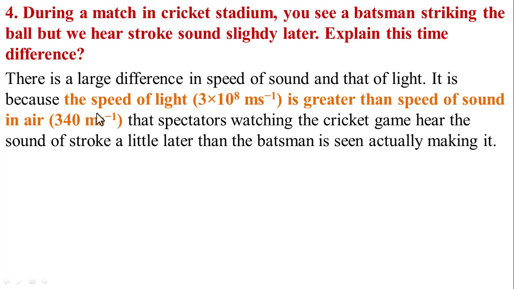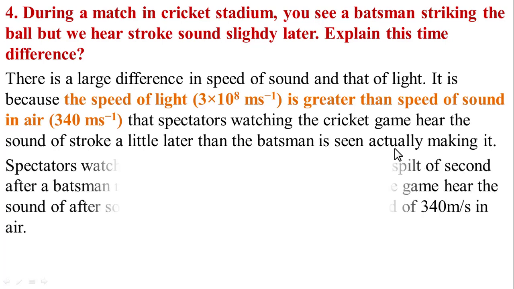The speed of light is 3 multiplied by 10 raised to power 8 meters per second, which is greater than the speed of sound in air, 340 meters per second. The spectator watching the cricket game hears the sound of the stroke a little later than the batsman is seen actually making it.